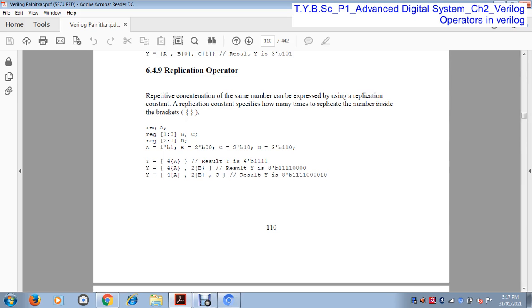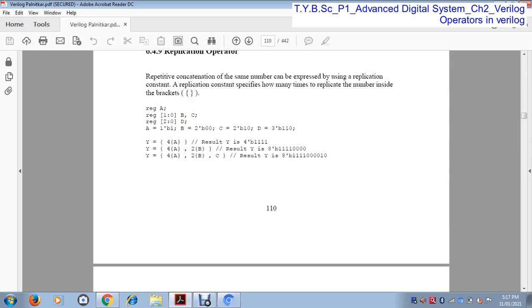We just take an example. Here the value of A is 1, the value of B is 0 0, the value of C is 1 0, and the value of D is 1 1 0. Now here y is equal to, this is the concatenation operator, open curly bracket and close curly bracket, and within this is the replication operator.